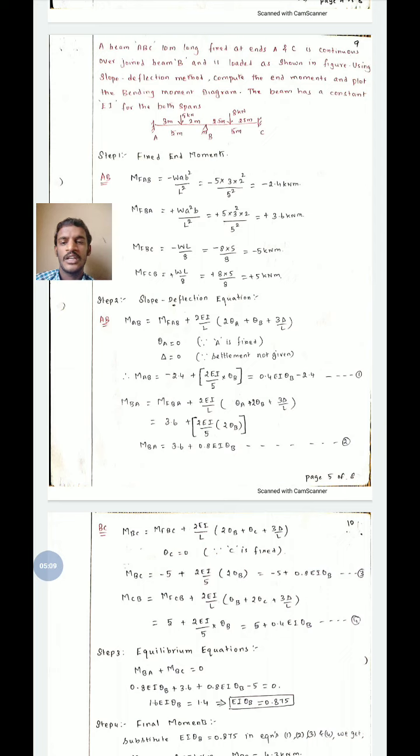Likewise, we have to calculate for the BC portion also. For the BC span, M of BC and M of CB will be calculated. The C end is a fixed end, therefore theta C is considered as 0.